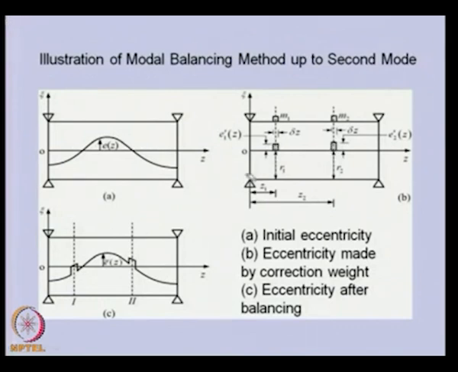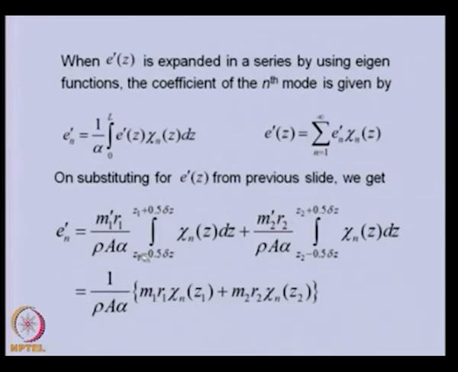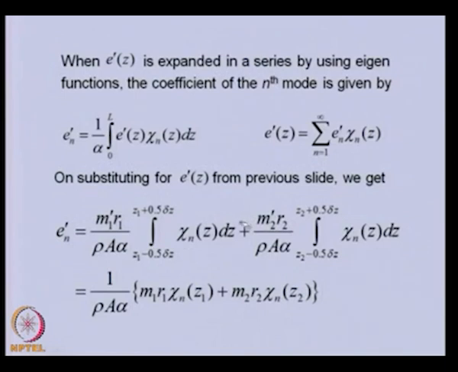One is here and here over the length of the shaft, and we are assuming that these distances are Z1 and Z2, and around this the length of the shaft over which this eccentricity is distributed is delta Z. So you can see that we will have integration from Z1 minus half of delta Z to Z1 plus half of delta Z, and in that we have the first eccentricity distribution, that is corresponding to E1, this one, and in the remaining region this eccentricity is 0.